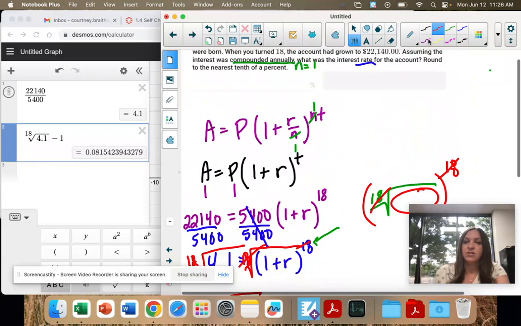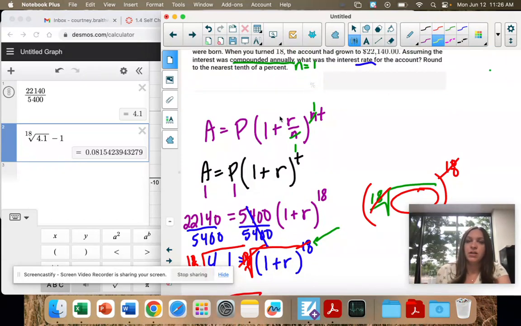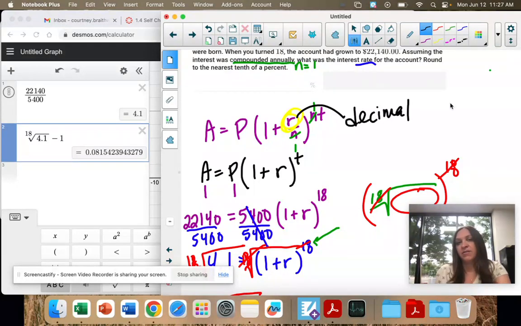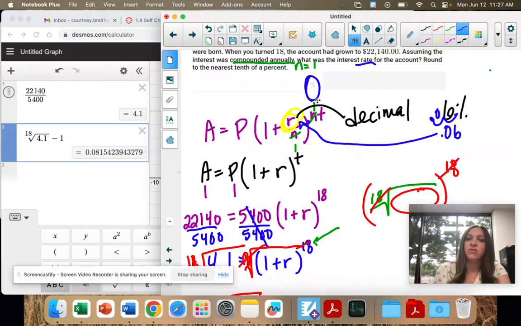But this is a decimal because in our formula, R is a decimal, right? If I have 6%, I would take that decimal and I would move it back to 0.06 to put in for R. But this is asking for the actual percent.